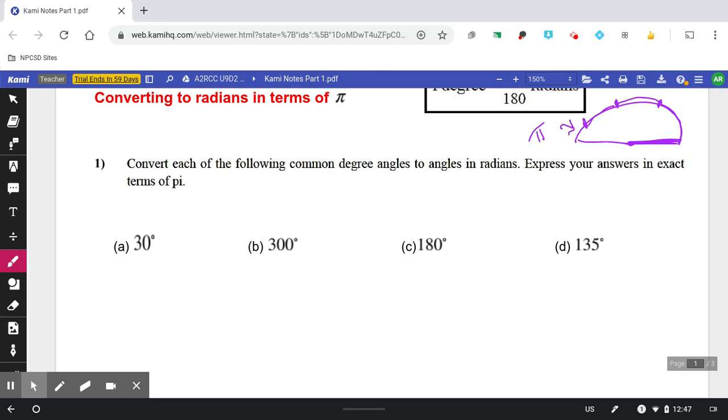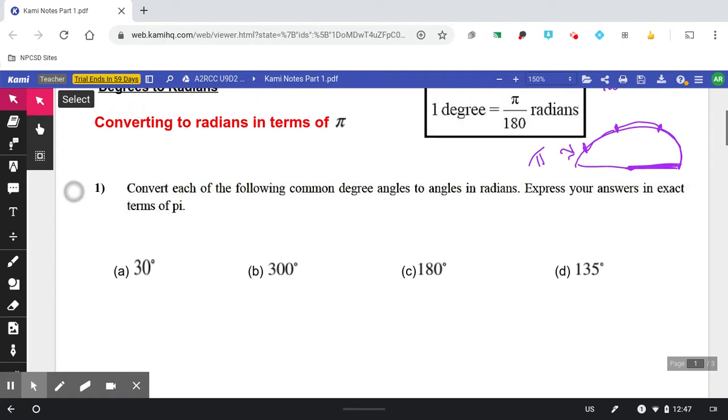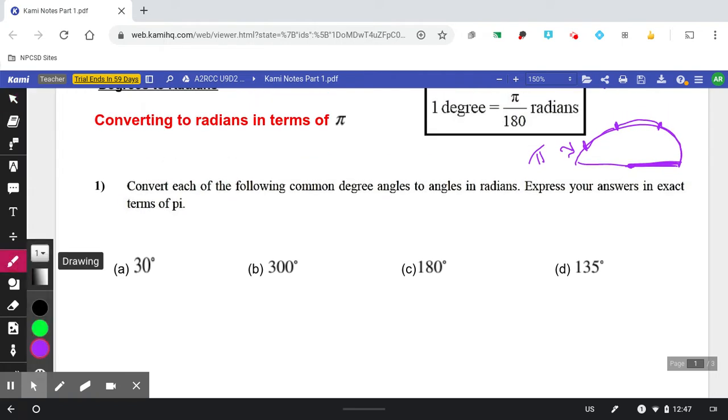Okay, so we can think of this in a couple of different ways. And the first way I'm going to look at this is really just by showing you understanding wise how to do it. All right, and then we'll just go into using the formula if you are the type of person who likes formulas.